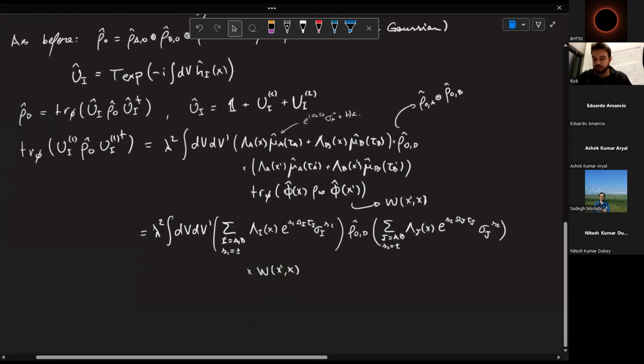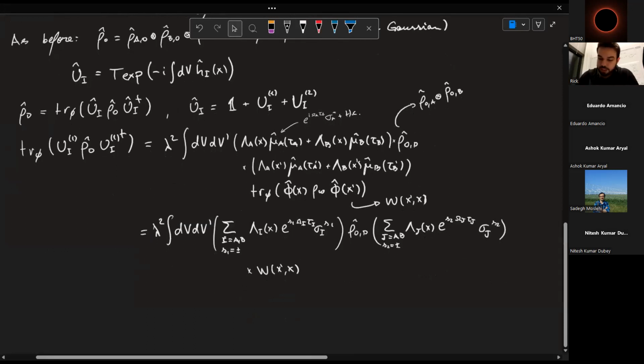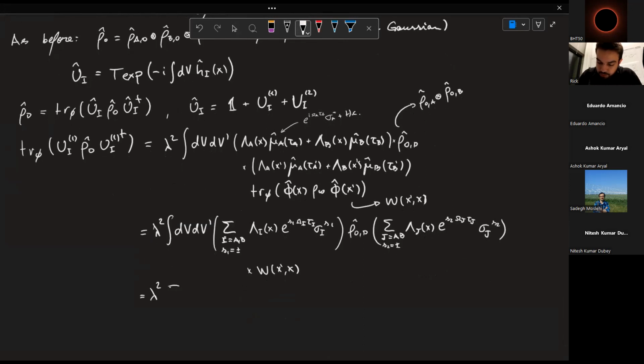So in the end, if you bring all of these sums together, what you'll find will be the sum over I and J equals A and B, the sum over s1 and s2 equals plus or minus. The rho will now completely factor with the sigmas, and the integrals will basically be the integrals of the Wightman function with the lambdas, right?